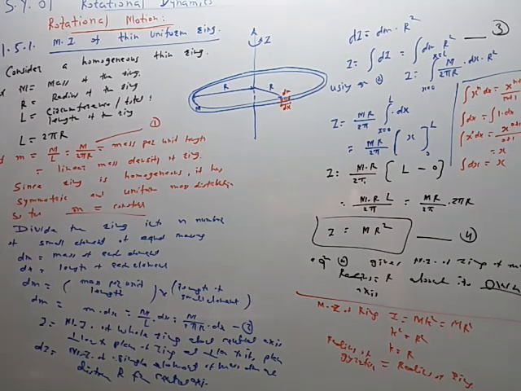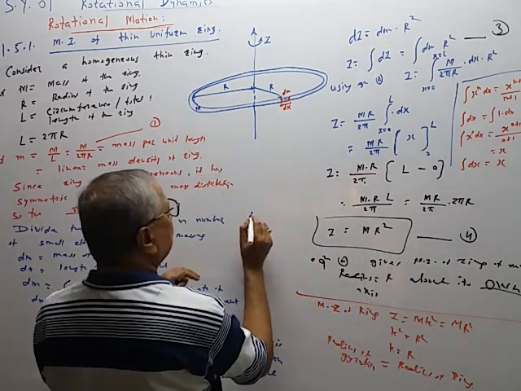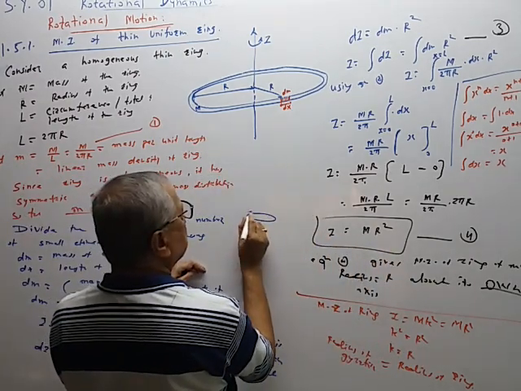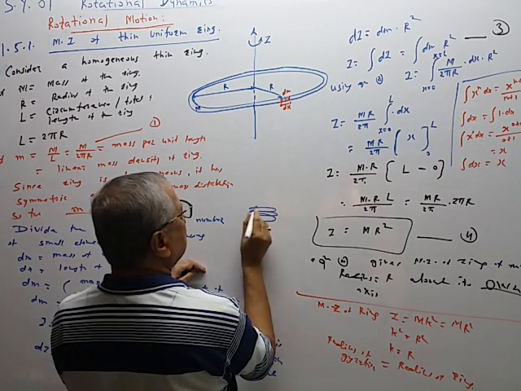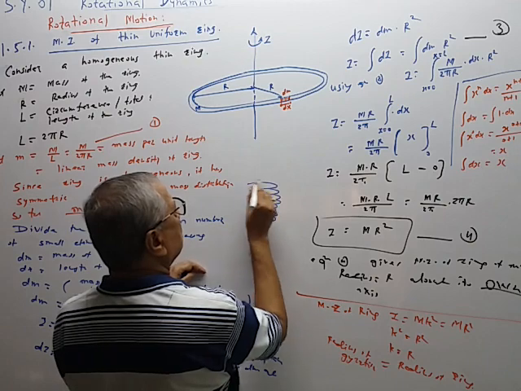So when number of rings, suppose this is the first ring, this is the second ring, this is the third ring, this is the fourth ring, 5, 6, 7, 8 like this.